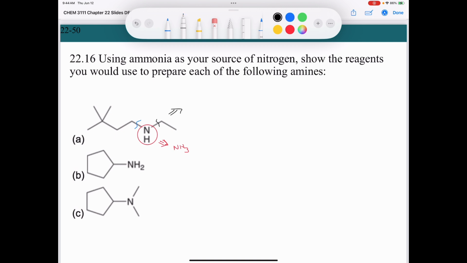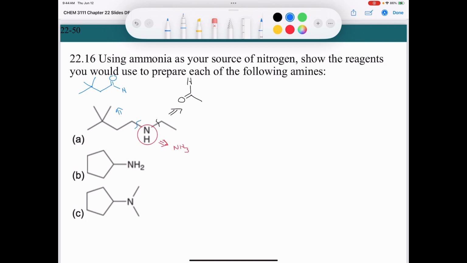So this part of the molecule is going to have to come from this aldehyde, so 2-carbon aldehyde, so that's acetaldehyde. And then this part here is going to have to come from this aldehyde. Okay, so there you go. That would be 3,3-dimethyl butyraldehyde.